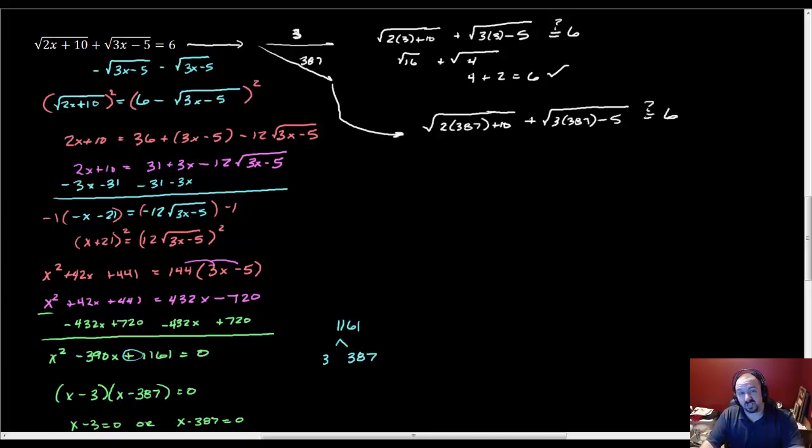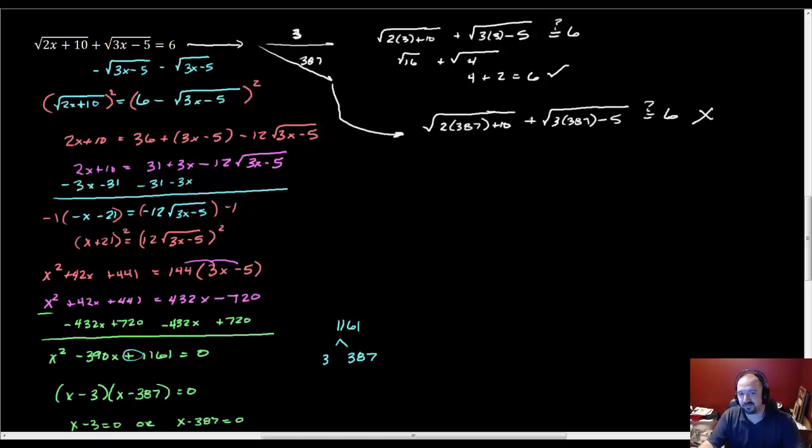So if one's bigger than 6, we can stop. Well, 2 times 387, even if I just said 600, this would be 600 plus 10. That'd be 610, and the square root of 610 is going to be somewhere right around 25. I'm already too big. This is no way. No, this doesn't work.